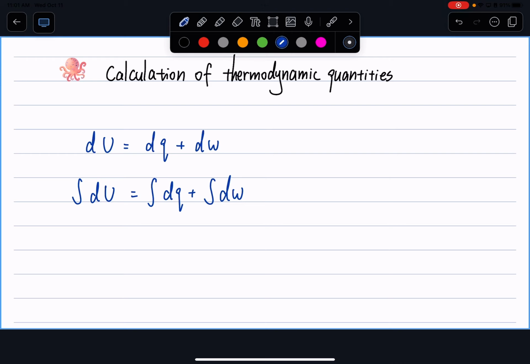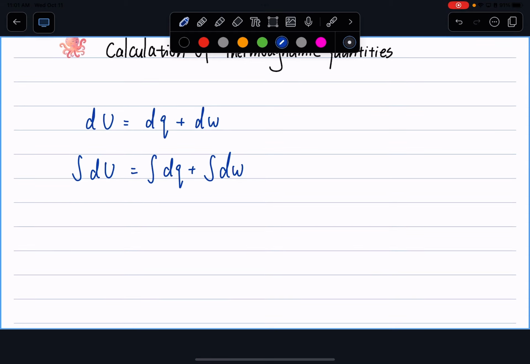Recall that being a state function means it doesn't matter what path you take for this integral to complete. So you can rewrite it as U2 minus U1, or delta U, because U is a state function.